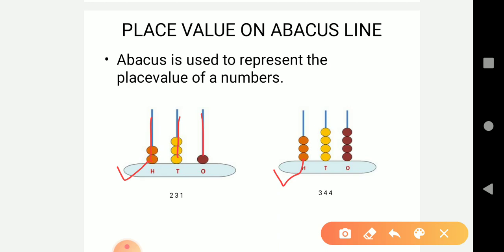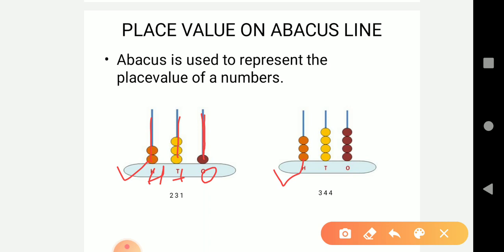Okay, and the place value of the place O-T-H is given. O means 1st place, T means 10th place, and H means 100 place.